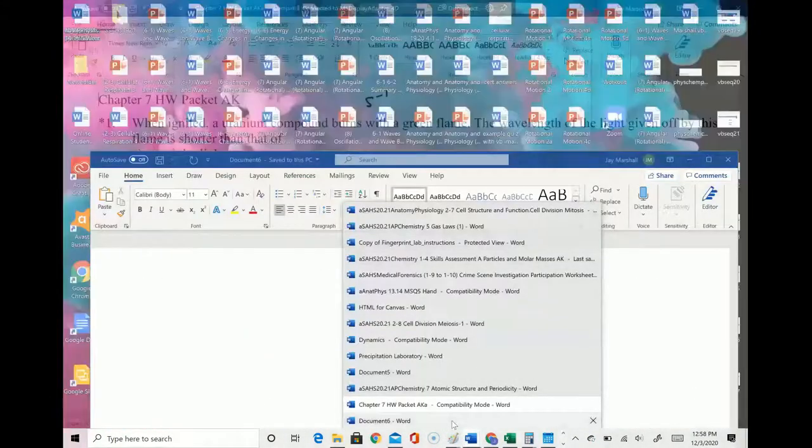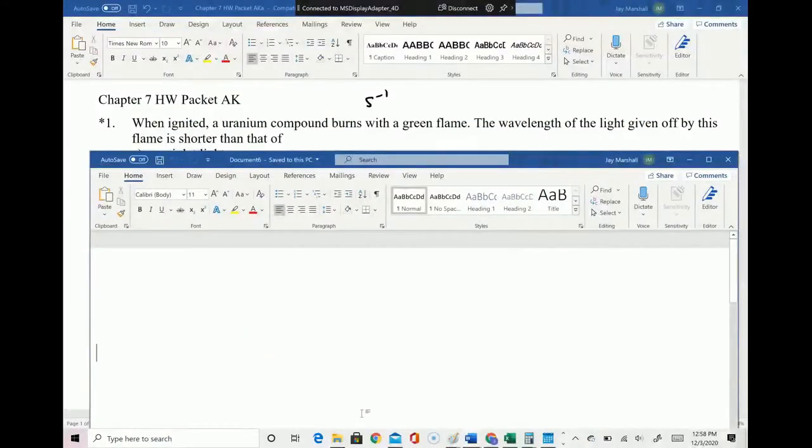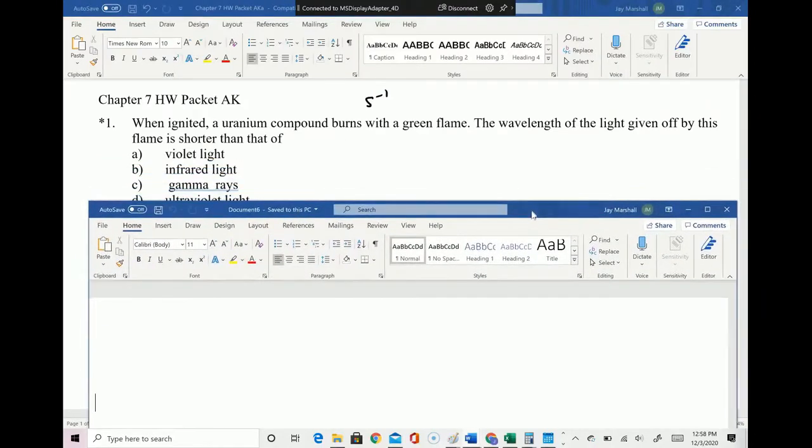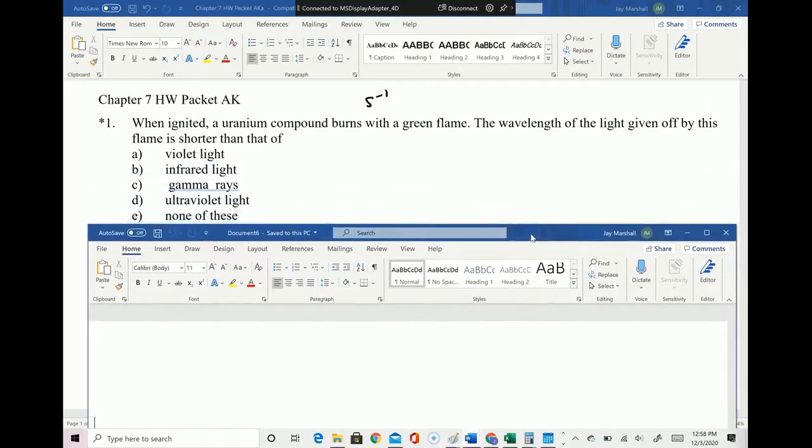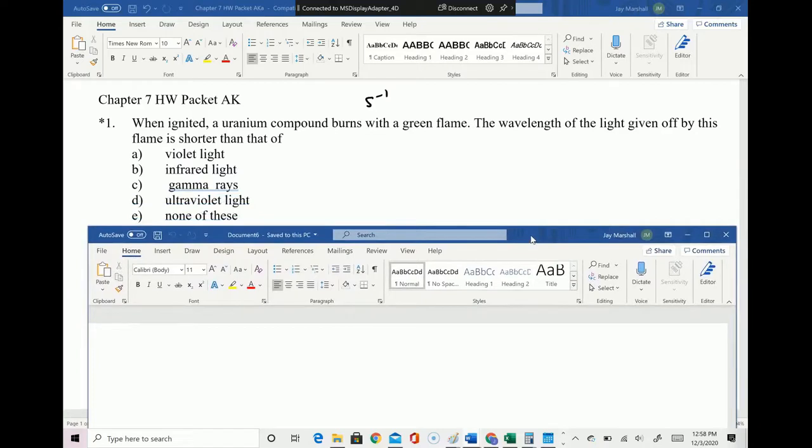Okay, so I want to cover up answers here. So, when ignited, a uranium compound burns with a green flame. The wavelength of light given off by this flame is shorter than that of which of these types of light? So I've got green light.